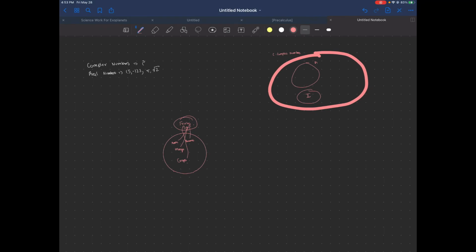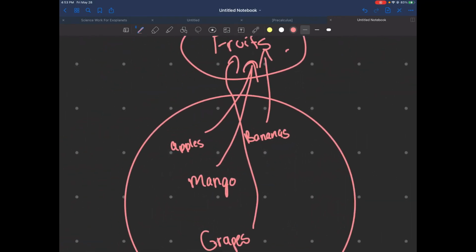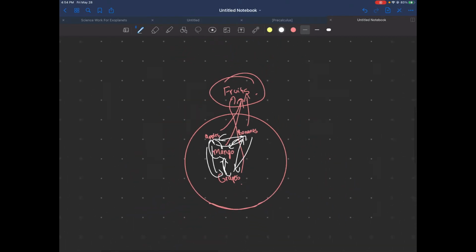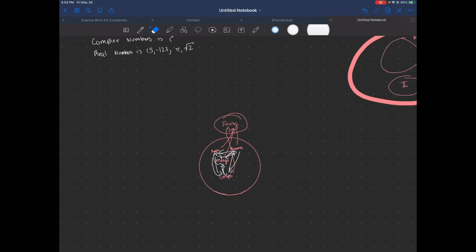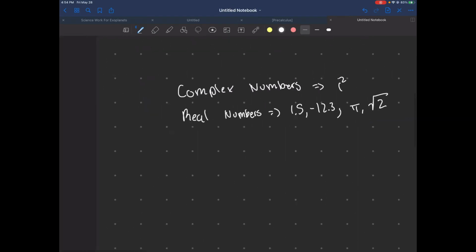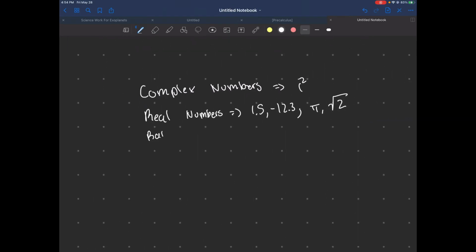To understand this, we can see that apples are different from bananas, they're different from mangoes, and they're different from grapes. And every single other fruit is different from every other variation in the fruit topic. So let's just erase this. Let's talk about rational numbers.